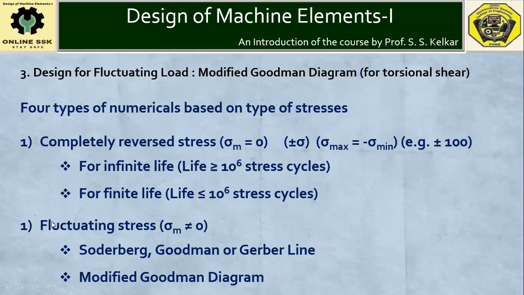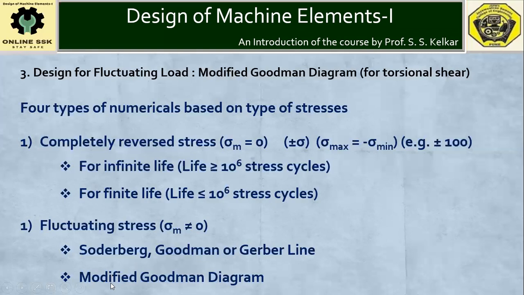The second predominant type is fluctuating stress itself, and there are two different types of numericals they may ask regarding fluctuating stress. One type is numericals based on Soderberg, Goodman or Gerber line, and another is numericals based on the modified Goodman diagram.